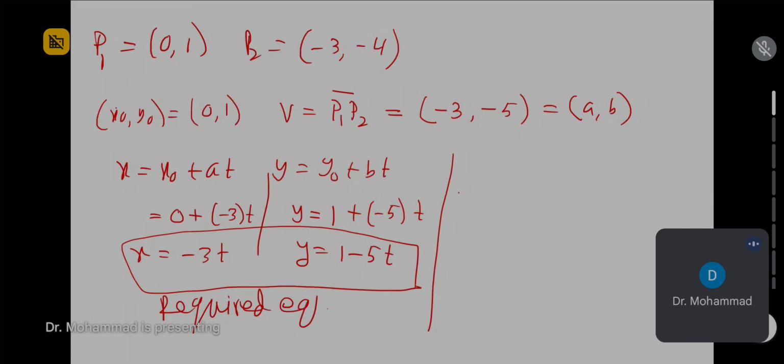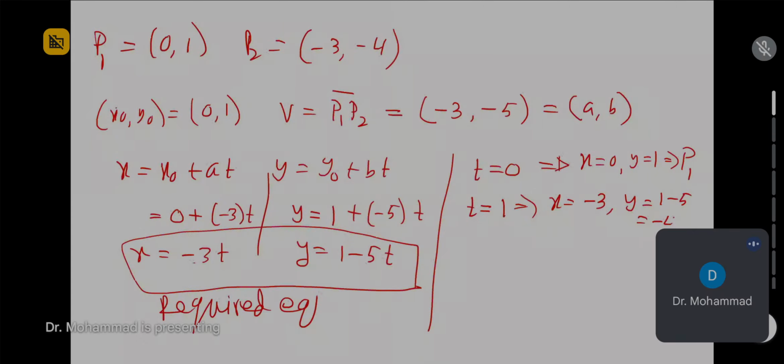For example, if we choose t equals 0, then you see x is 0 and y is 1, and that is simply our point P1. If we choose t equals 1, then x equals -3 and y equals 1 minus 5, that is -4. So x is -3 and y is -4, and this corresponds to our point P2.